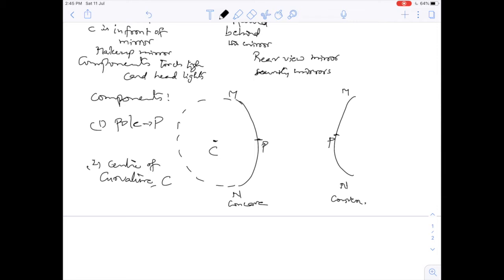Now, this center lies in front of the reflecting surface, as I already mentioned. Similarly, for the convex mirror, this is the center, of which this forms a sphere.